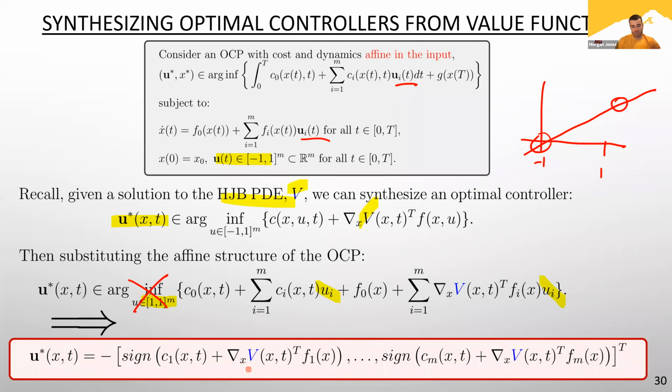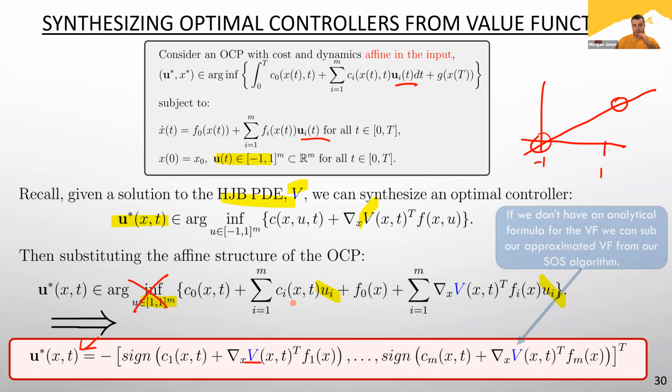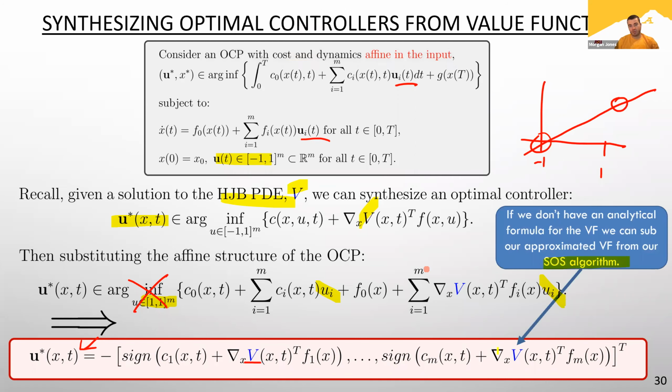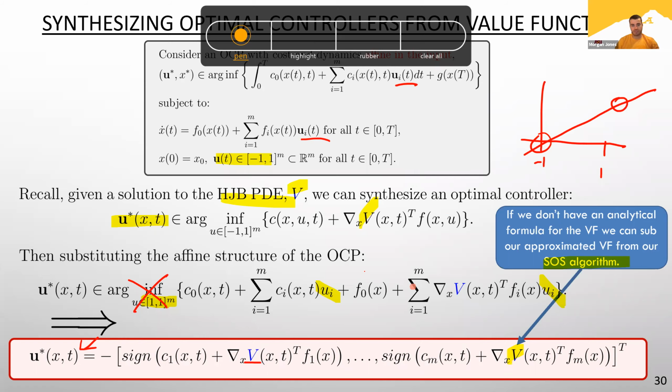So if we could solve the HJB PDE and substitute V in, we can derive an optimal controller. Now, it's hard to solve the HJB PDE, but we can approximately solve it using our SOS algorithm that we discussed previously. So we will substitute our approximate value function into this equation to derive controllers.